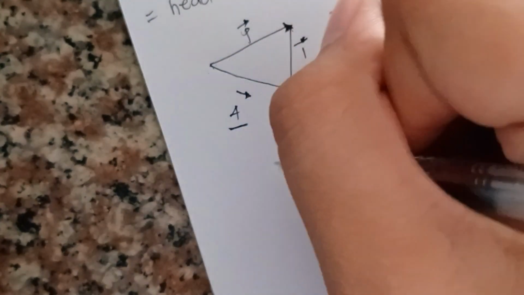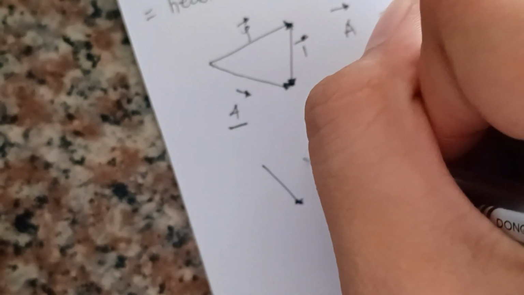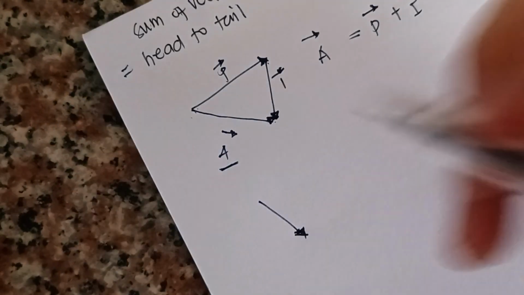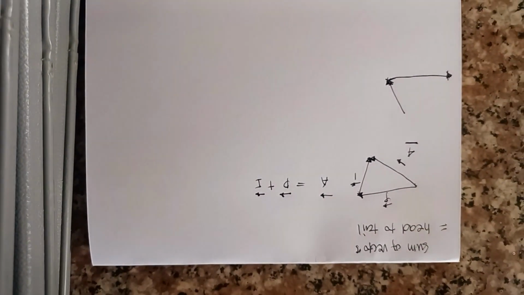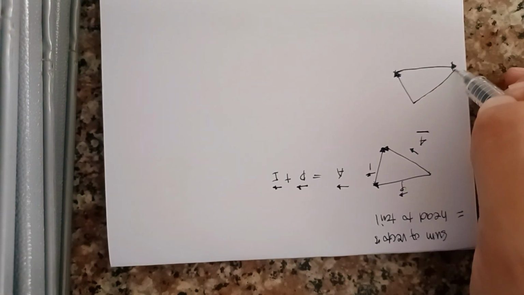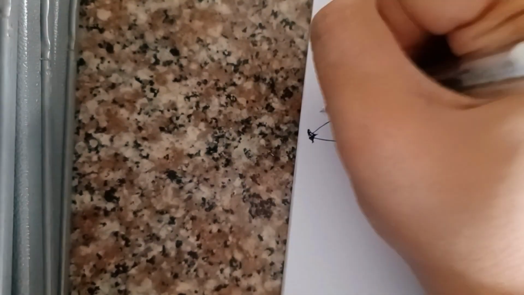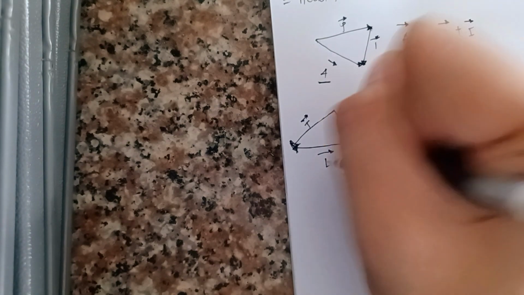Let's have this. So we have vector A, vector T, and then vector E. Okay?